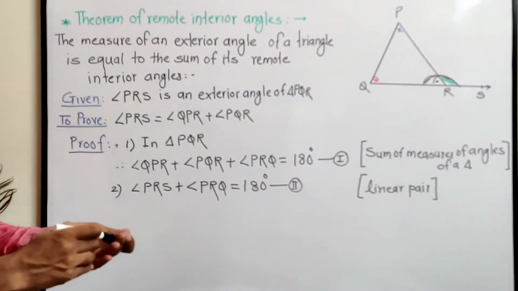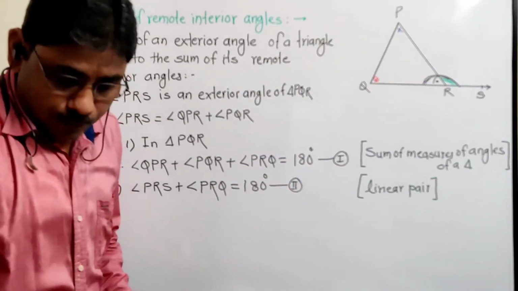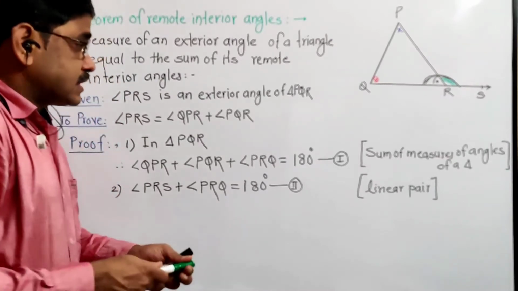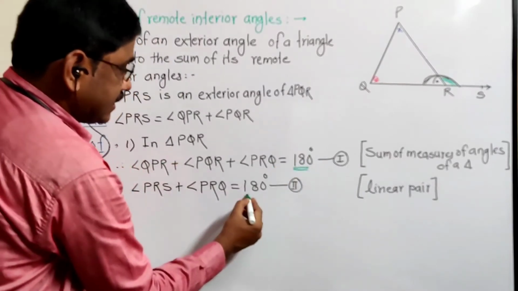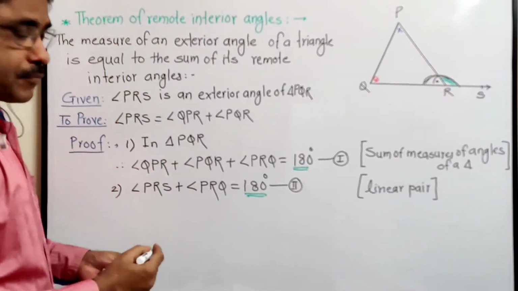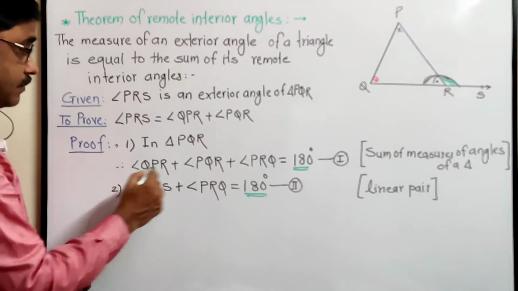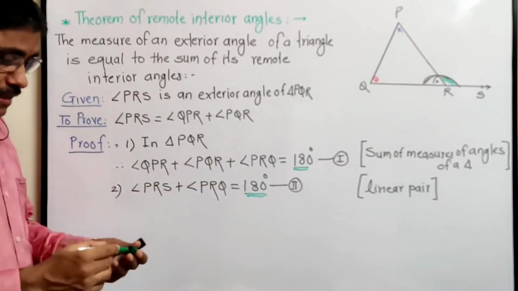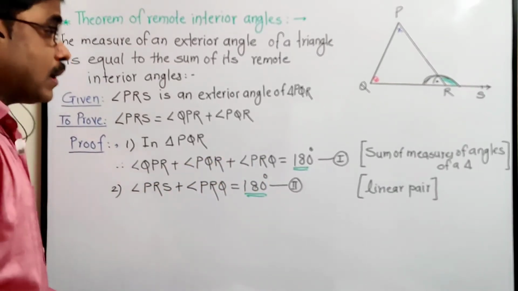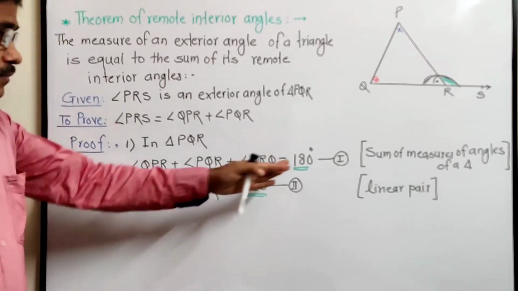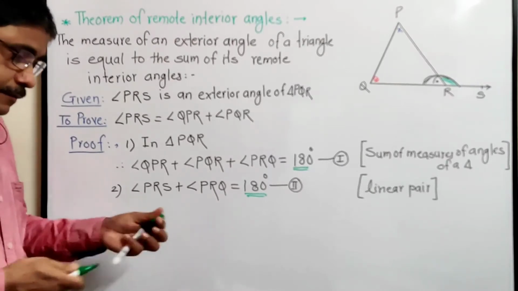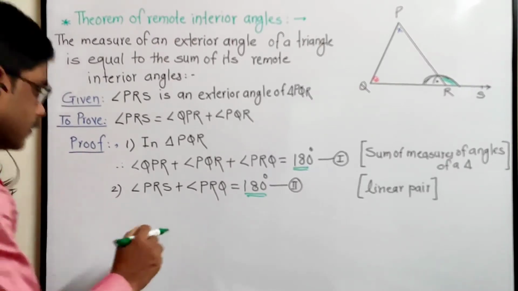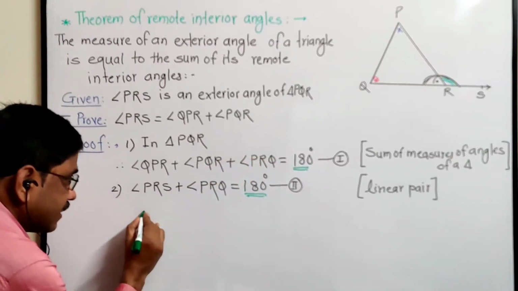Now if we observe this 1 and 2, see, the right hand side of 1 is 180 degrees. This sum is 180. Here this sum is again 180. So what can we write? This sum is equal to this sum, because both the sums are 180 degrees. So how can we write?